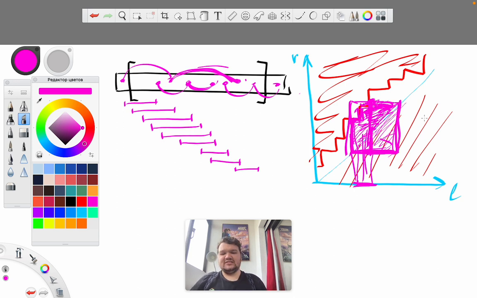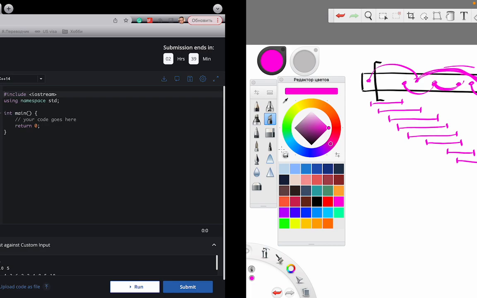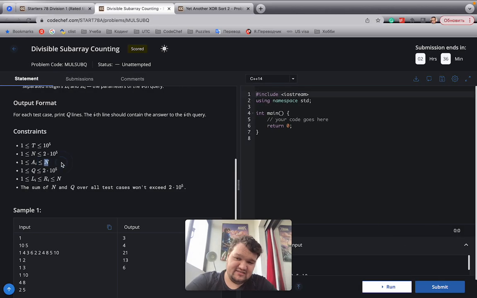Alright, and 30 is actually log of the limitation, so it's actually like 18 in this case. And it looks like I solved a problem that is harder. The solution is better than the supposed one, probably because I would be okay if the values were up to 10 to the 9th.